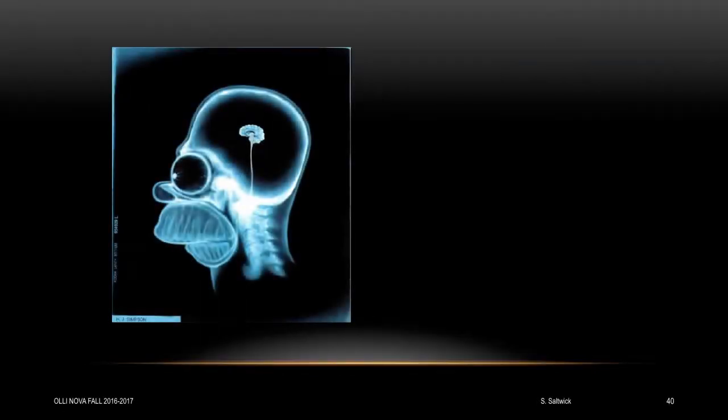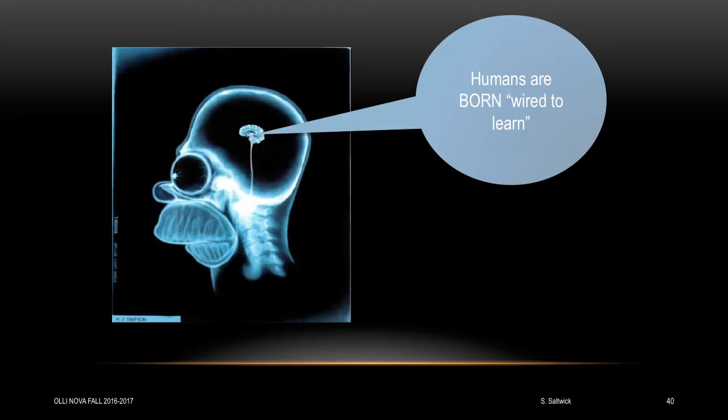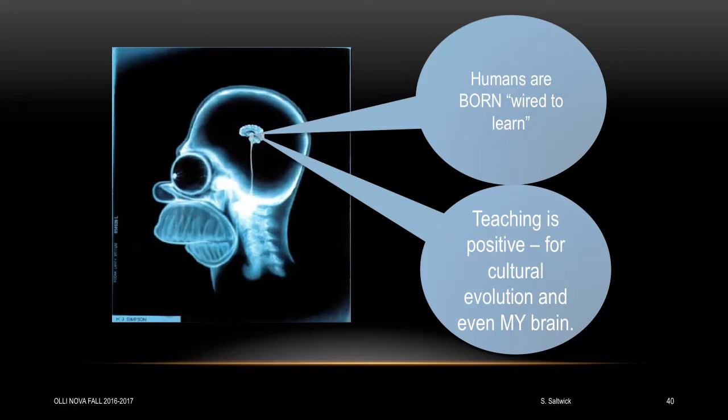It's time for Homer to make his final appearance in the seminar, and Homer has two simple points to make. The first is humans are born wired to learn. This is an essential element and driver of our evolution and culture. And the second is teaching and pedagogy is truly a divine calling.